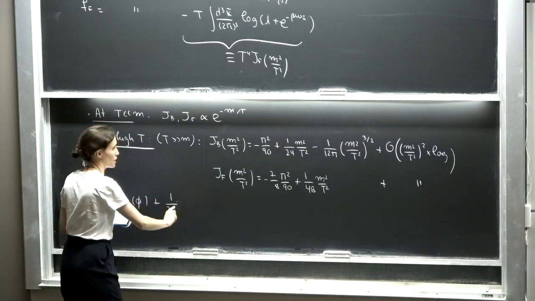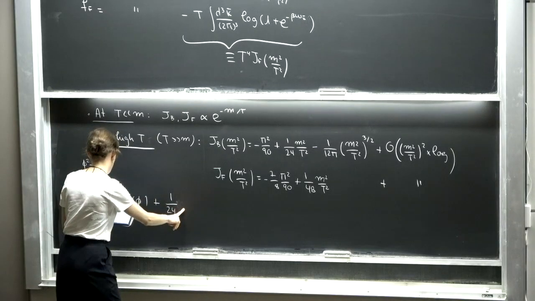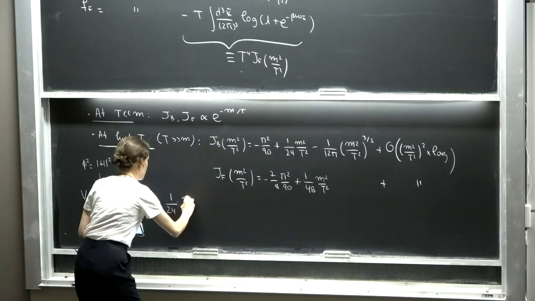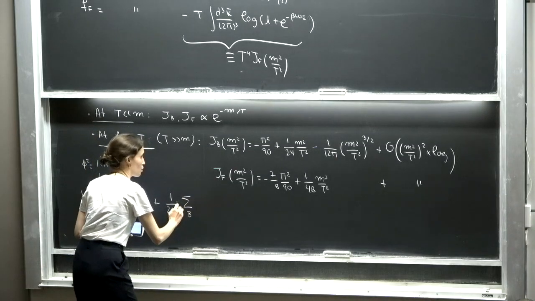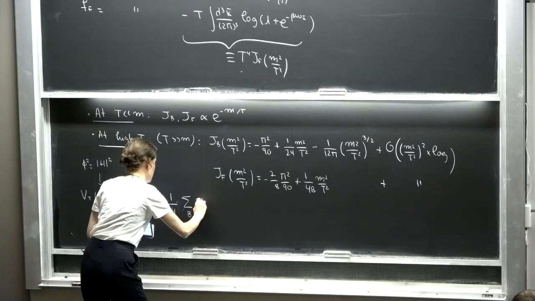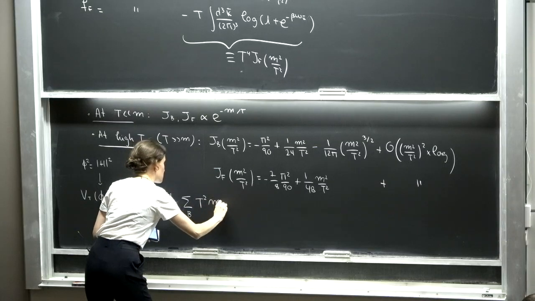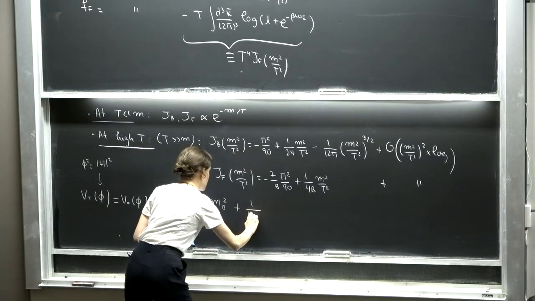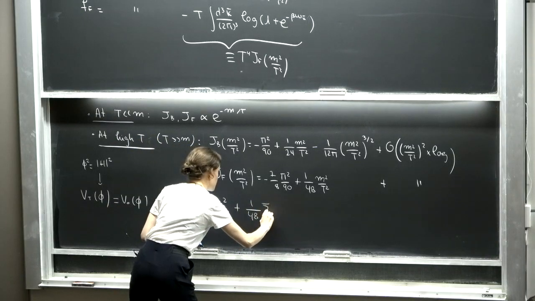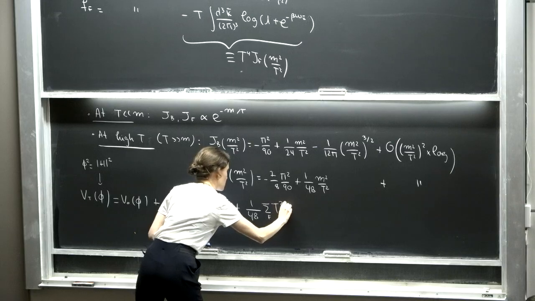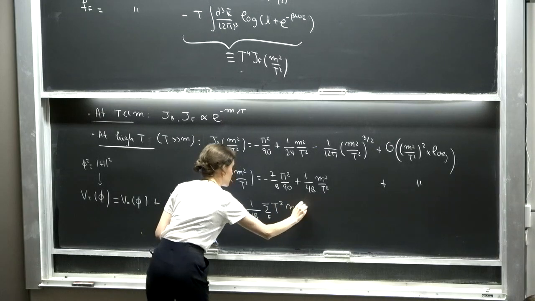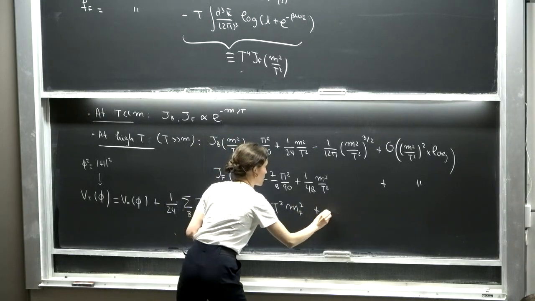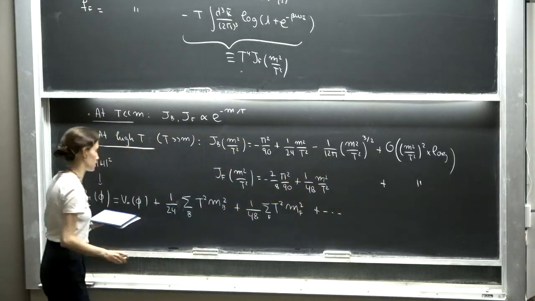So the leading contributions are going to be of the form, for all the bosons that couple to this field, T squared m_b squared. And similarly, for all the fermions, this is going to be a sum over T squared m_f squared, and there will be additional contributions further suppressed at high temperatures.